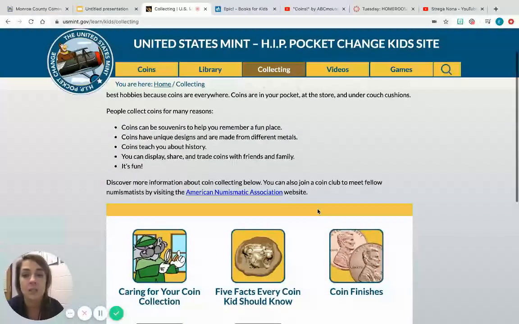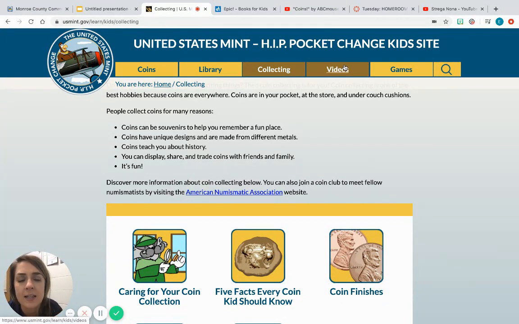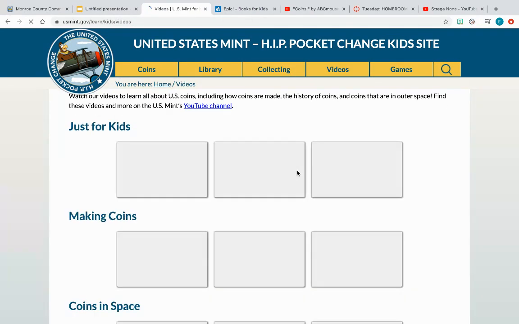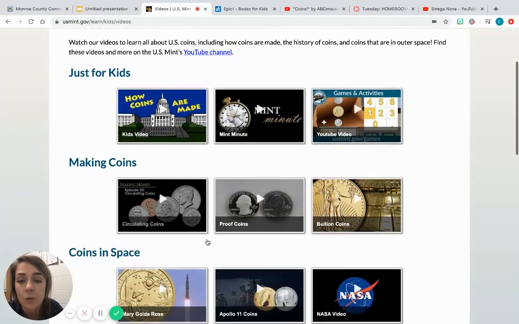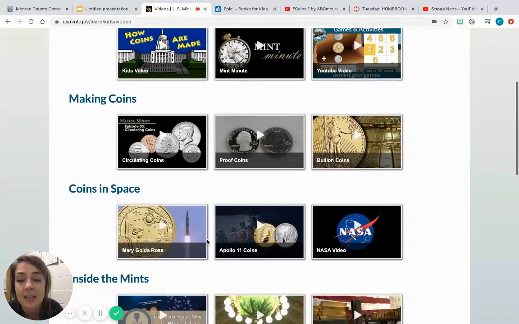So some of the things you can collect as souvenirs. Like I talked about how the quarter has different things on the back. Some people collect those.